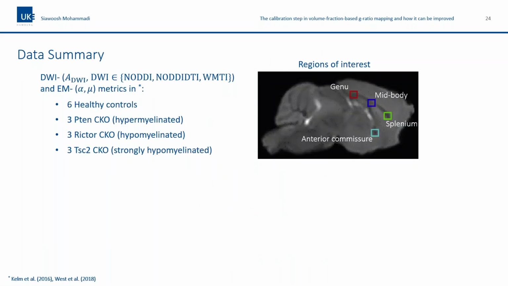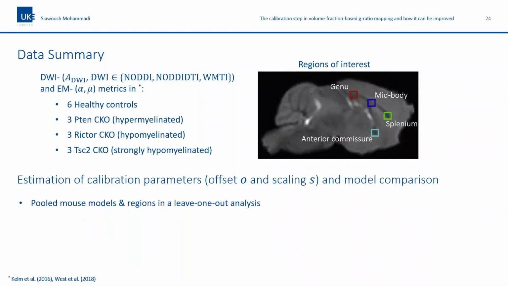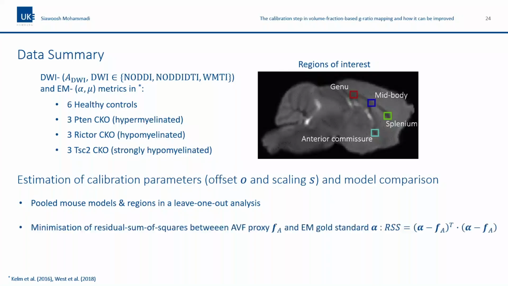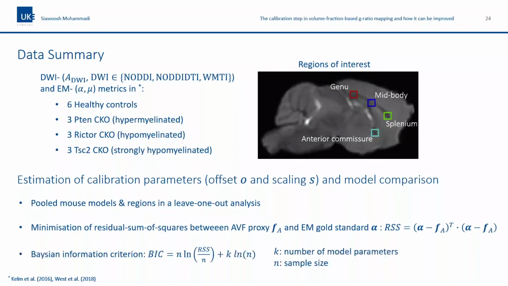Again, we use this nice multimodal data set from the Mark Dose lab. We now look at the difference between histologically estimated axon volume fraction and the MRI-based one. And this is the residual sum of squares that we will look at and use to calculate the Bayesian information criterion to see which of the models is best.